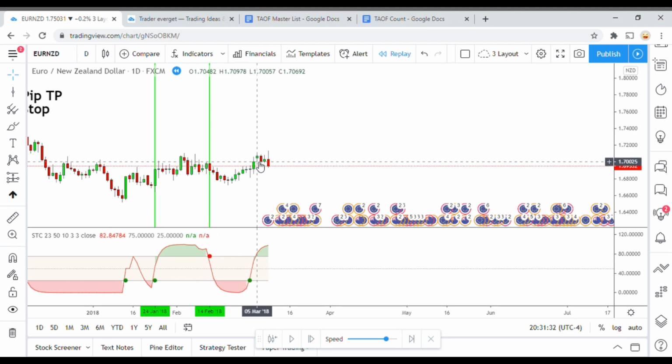And so what we needed to do was set an order to trigger a buy order here that would trigger at the closing price of that candle from Friday. So the close price here was 1.7003, and we would have set this one here. The low came down and did not quite get there. It was 1.7005, but I have a feeling with spread we would have gotten the fill on that.